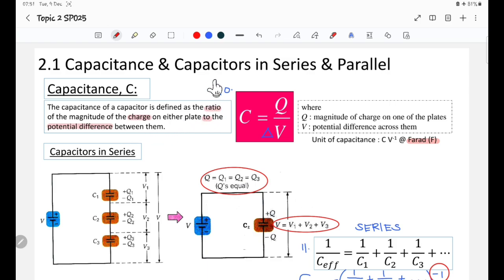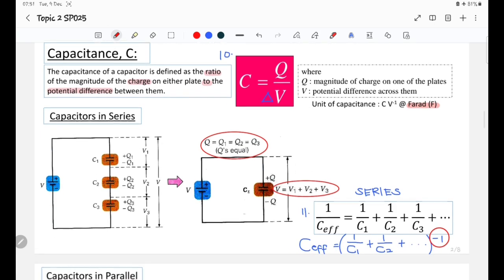Mathematically, we have equation number 10, where capacitance C is equal to charge Q over the potential difference across the two parallel plates, delta V. The unit for capacitance can be derived from the equation itself, coulomb per volt, CV^-1. However, farad, capital F, is the most common unit used for capacitance.